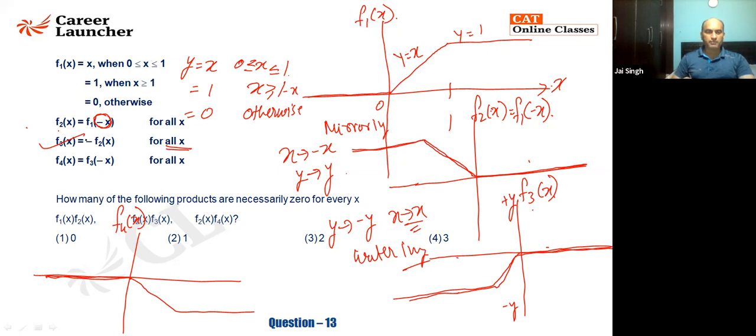Why does x remain the same? Look at this. In this case, x is remaining the same, x is not changing. The minus sign is coming outside, which is on y. So x is remaining the same. Look at f3. X is remaining the same, the same x value, but the y which was positive will change to negative. If there is a negative value, that will go up. Is it fine, Suraj? Anyone else?